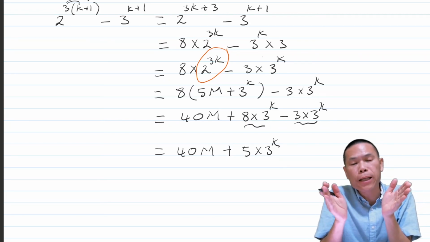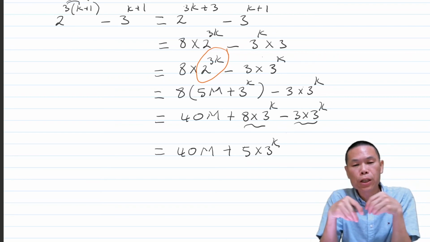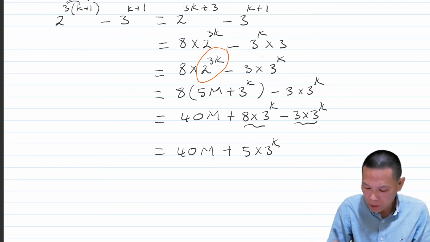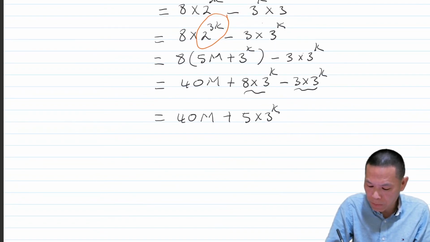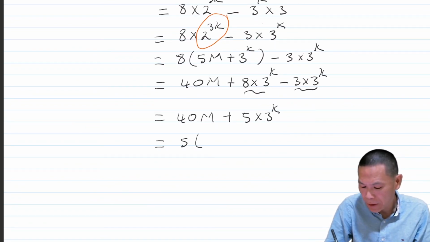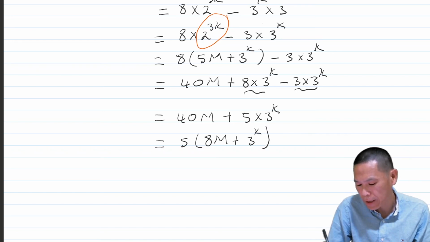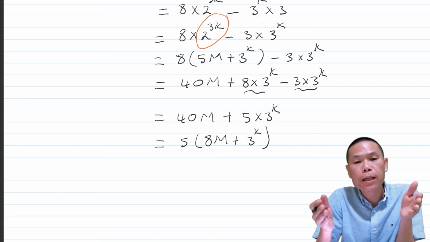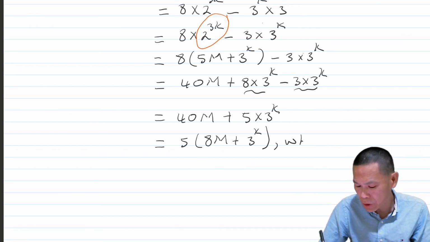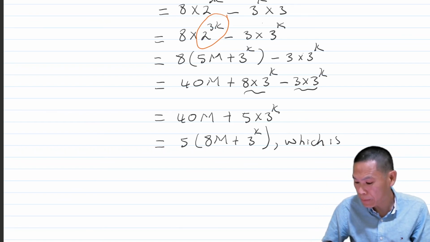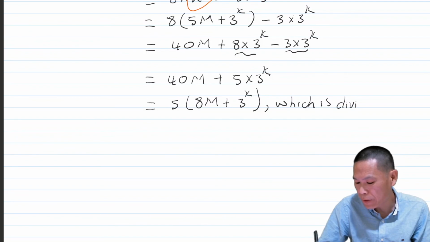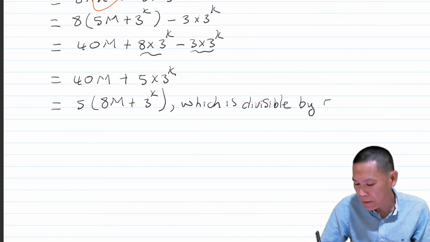Now the common factor here is 5. So I just need to take the 5 out. So which gives me 5 times 8m plus 3 to the power k. Then it is divisible by 5.